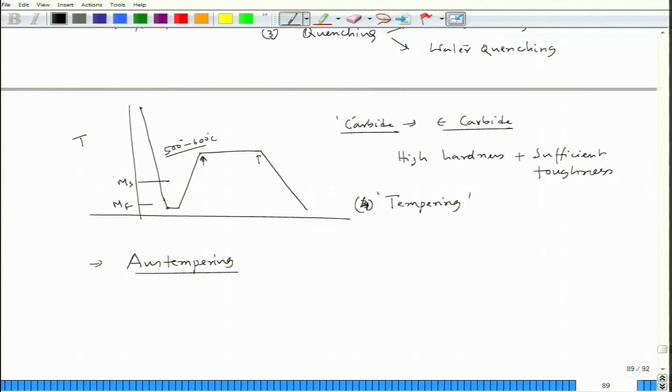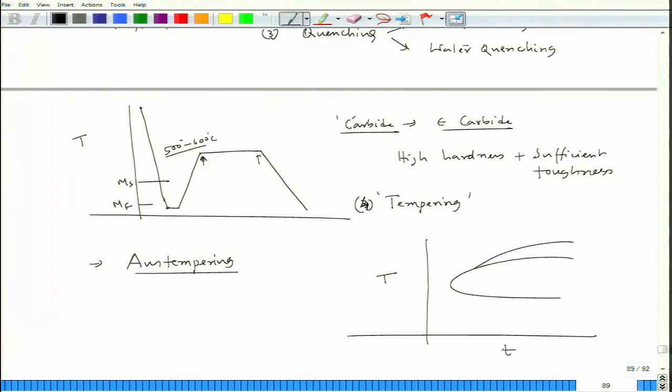So, for this austempering situation, if we have a TTT diagram like this, this is temperature, this is time. This is the nose point and below that we have bainite, and this is another phase which is nothing but ferrite.